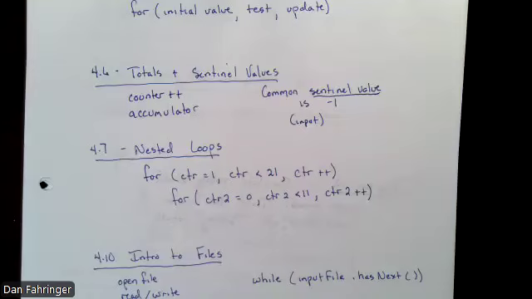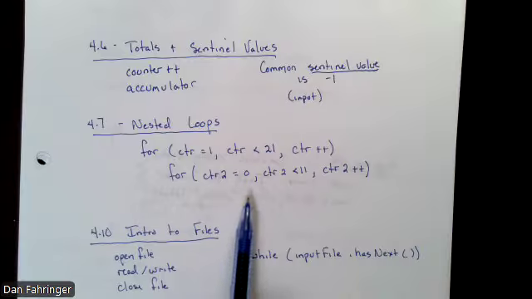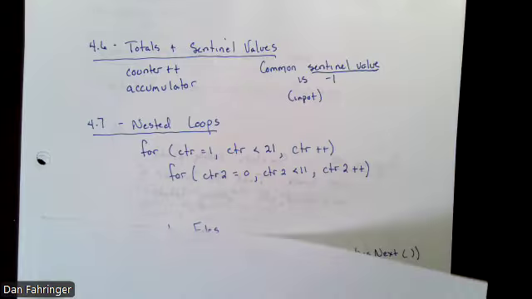Nested loops. We had nested if statements, and just like the nested if statements, I can have nested loops, loops inside of a loop. How many times does this loop run? Well, let's see.